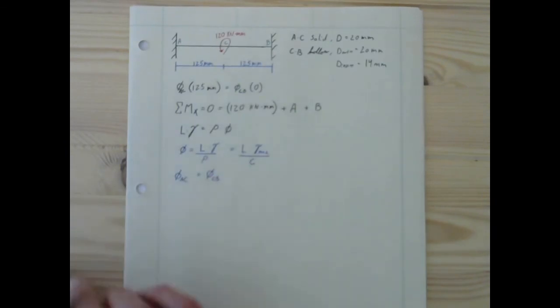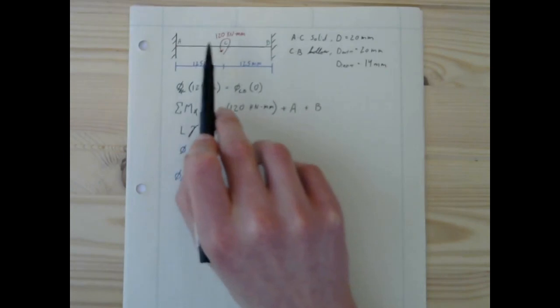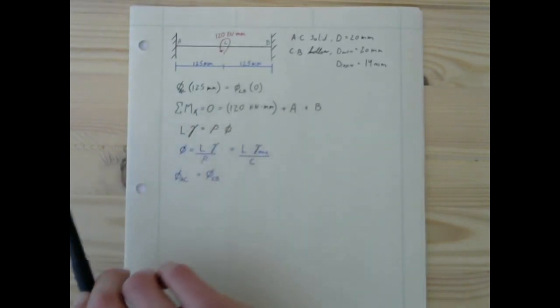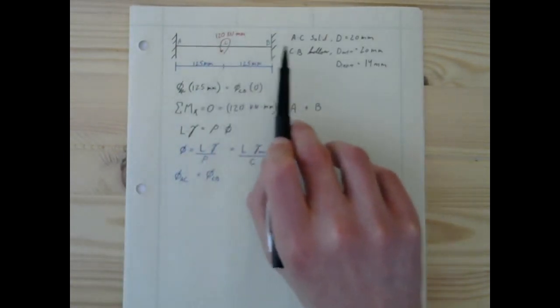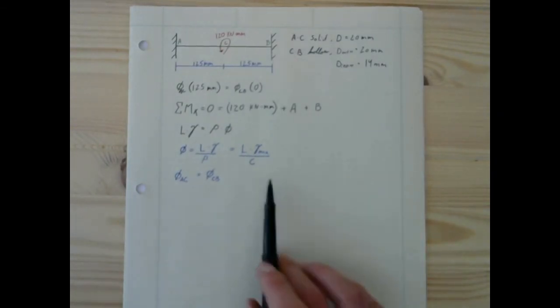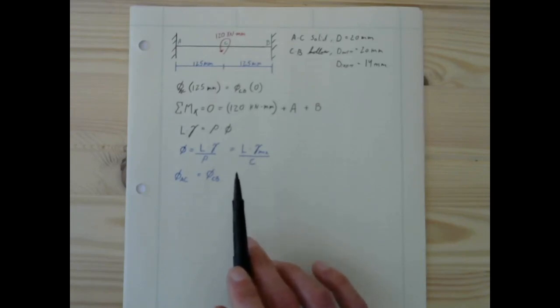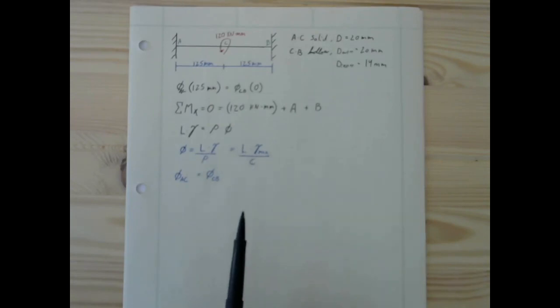Both of them are 125 millimeters. However, they don't have the same cross-section. We've got a solid bar from A to C, and then we have from C to B a hollow bar. So now that we've got this as our plan, we're going to have to rearrange this further to get our shear strain.